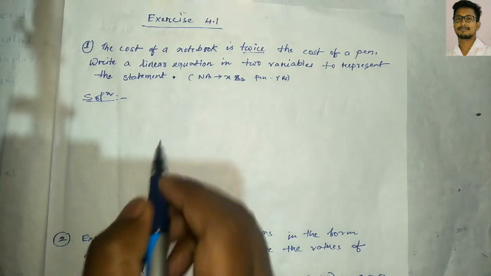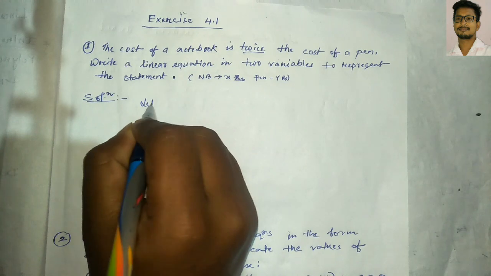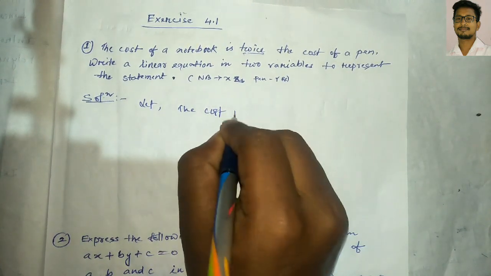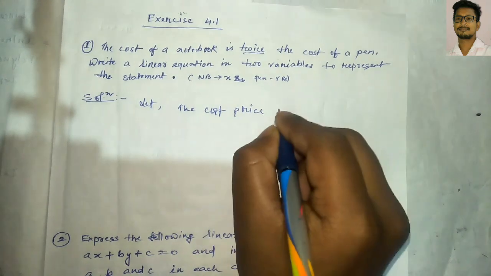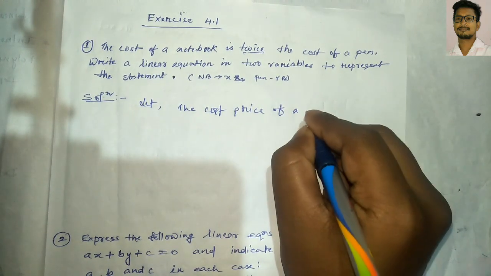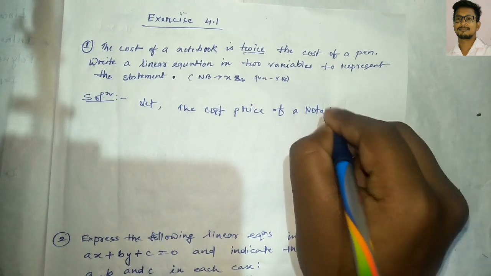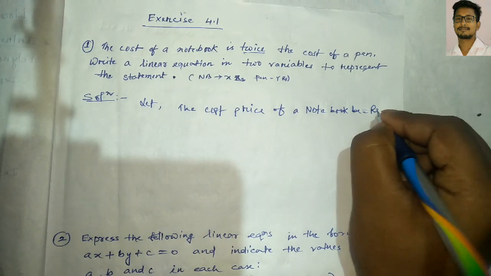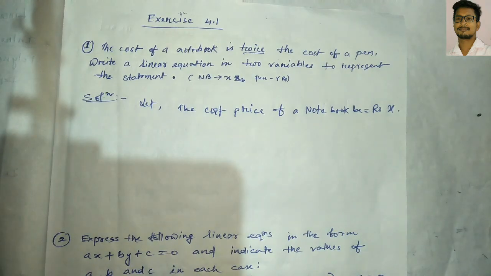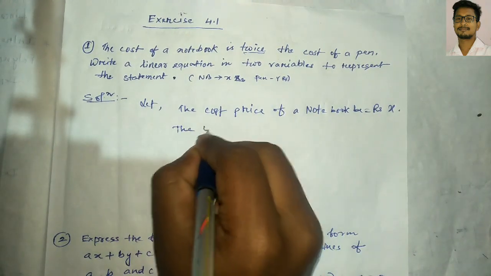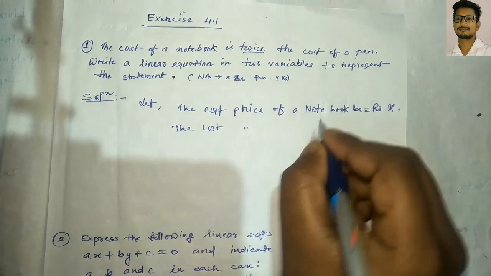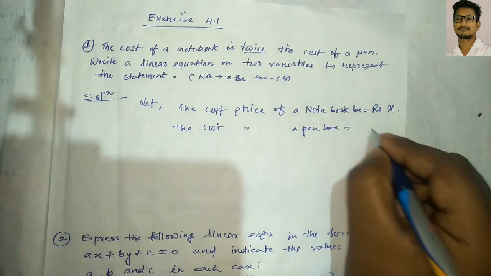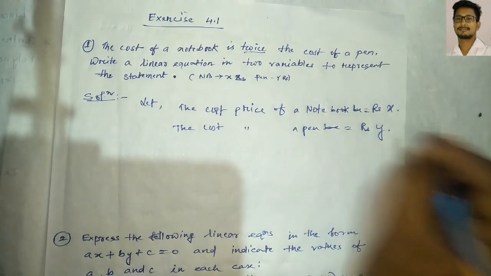So first, let the cost price of a notebook be rupees x. Then the second one: let the cost price of a pen be rupees y.